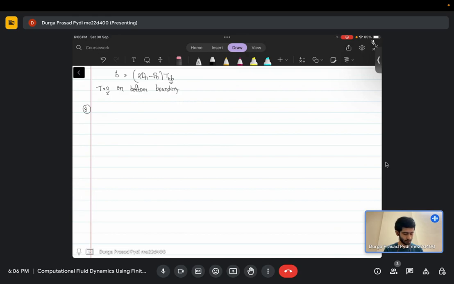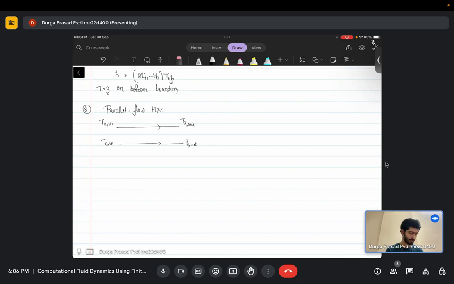So if you recollect your parallel flow heat exchanger, you have a hot fluid, and then you have a cold fluid. So this is TH in, TC in, TH out, and TC out.